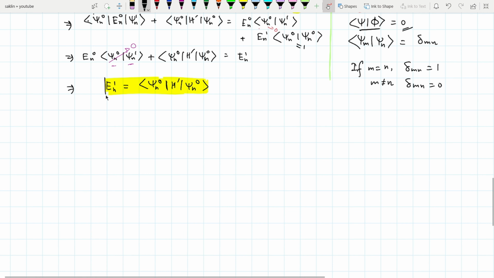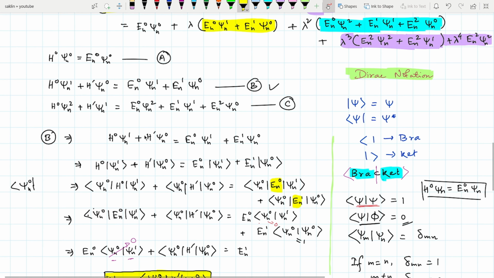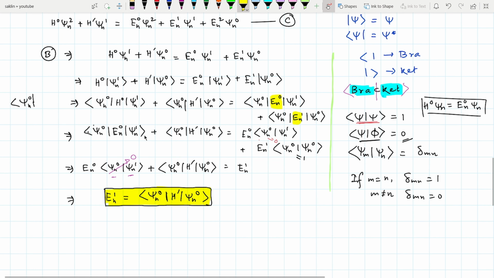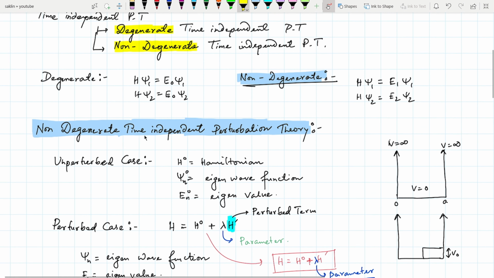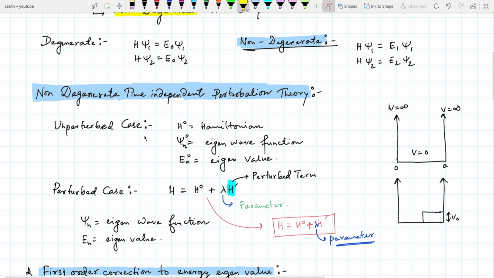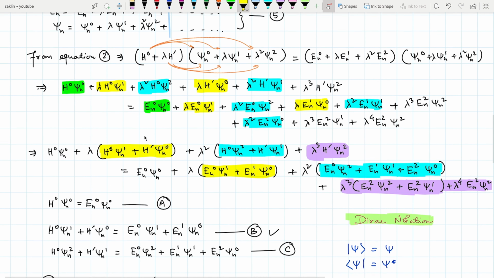This thing is the first order correction to the energy eigenvalue. I hope you will learn these things in this video, and it is very important for M.Sc. students.